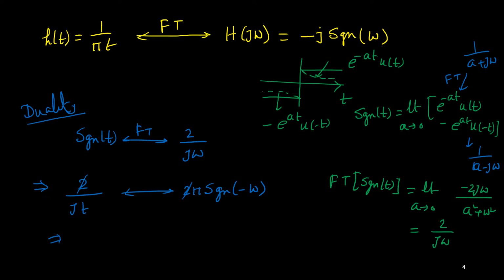So this pi comes to this side, it is 1 upon pi t, and that j will go to that side. And signum of minus omega, I can write as minus signum omega. So this is the Fourier transform that we discussed earlier. So this is the H of j omega, right?